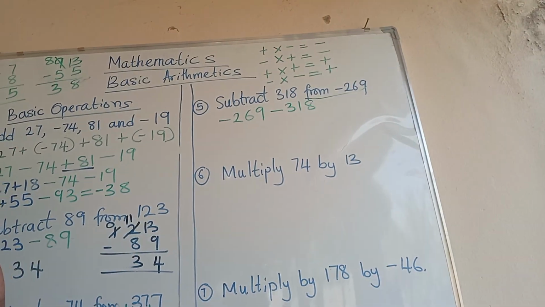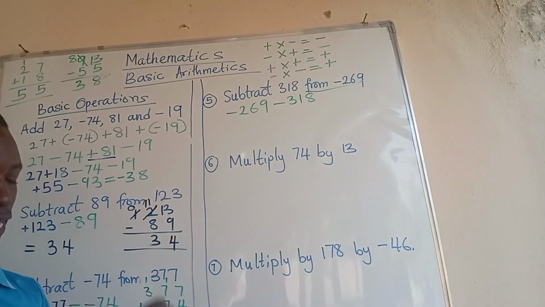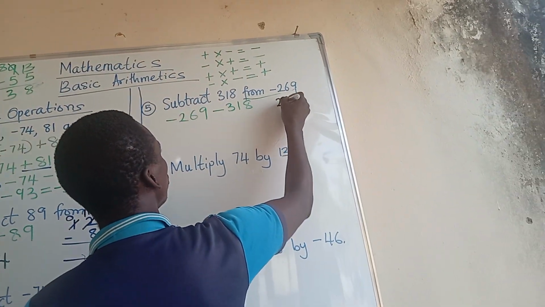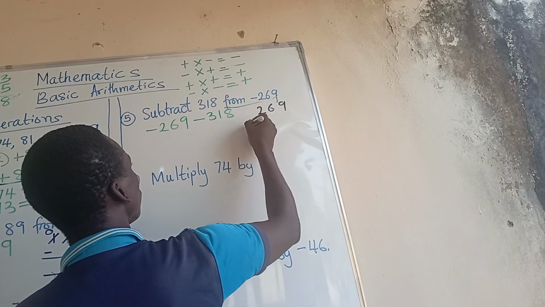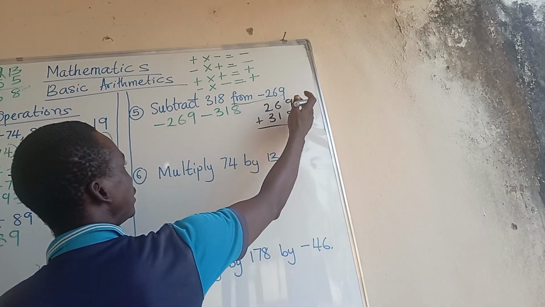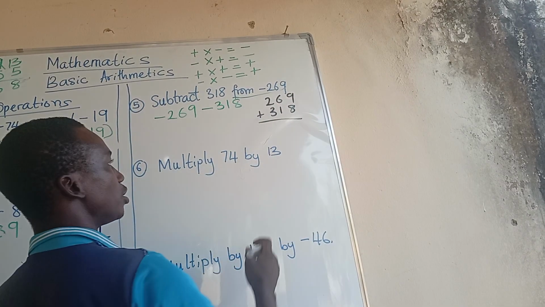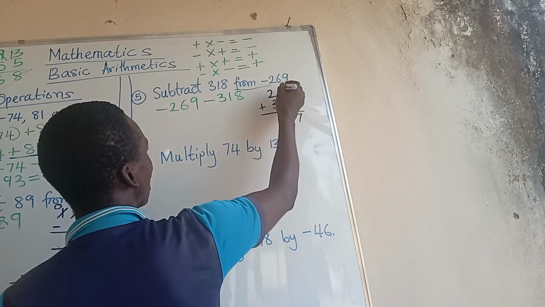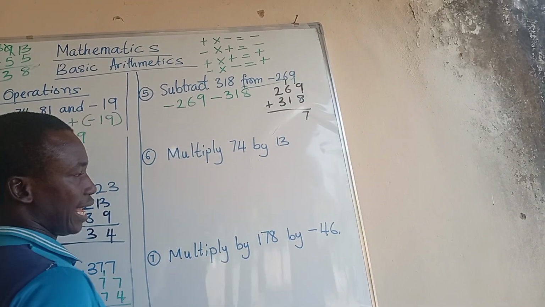So let's solve this. So that means what we are doing here is that we are adding together. So we are going to have 269 plus 318, which is going to give us 9 plus 8 is going to give us 17. We'll write 7 units and we'll carry the 1 tenths.